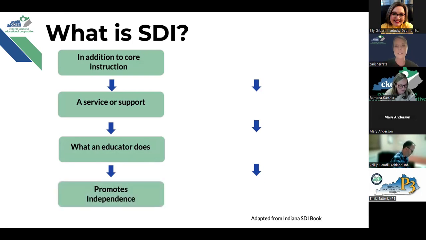And the goal of specially designed instruction is to promote independence. We want those students to be able to work independently as a learner, with the ultimate goal to obviously be graduating and moving on to careers and working.